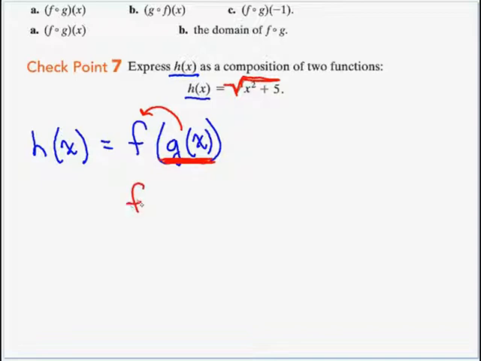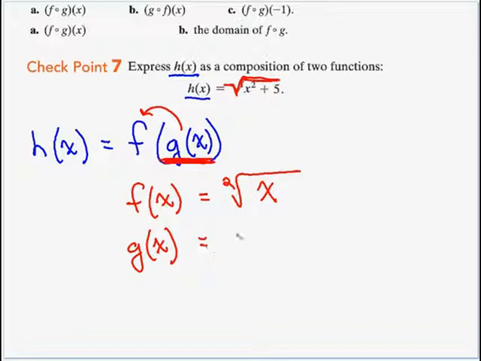So let's say f of x is the square root of something, and we'll just call it x. And then g of x, what are we square rooting? Well, that's the quantity underneath, x squared plus 5. So if we did put the g of x function into the f function, we would get back to where we started at, h of x, square root of quantity x squared plus 5.